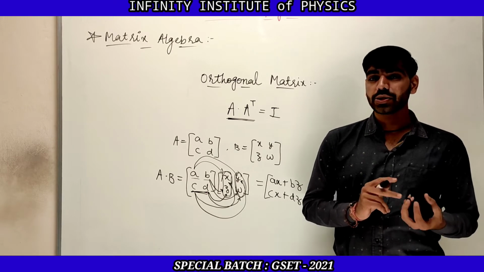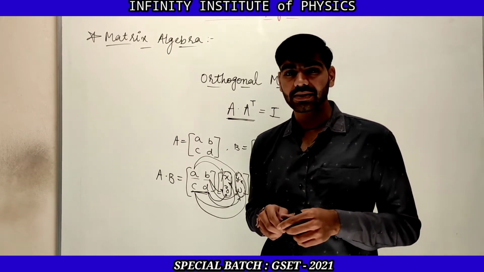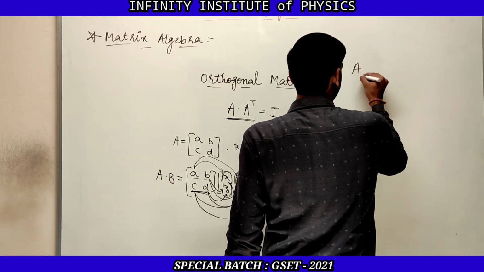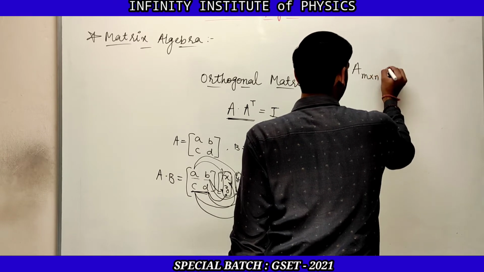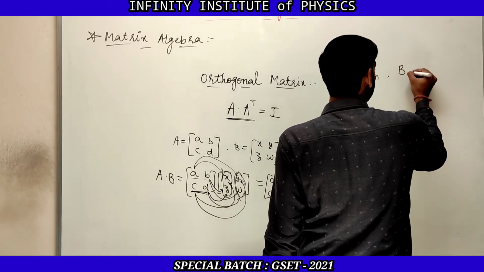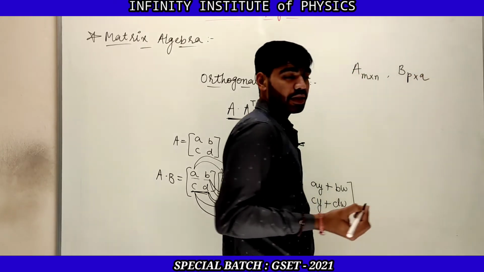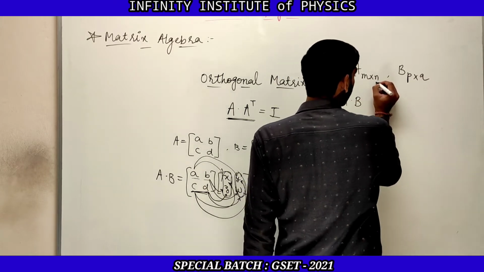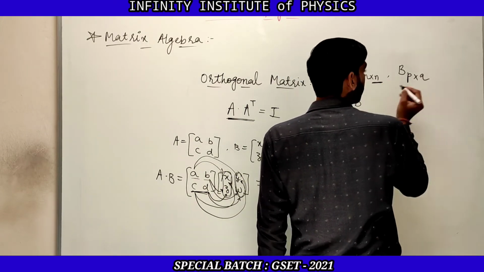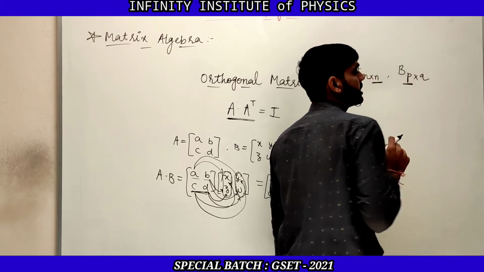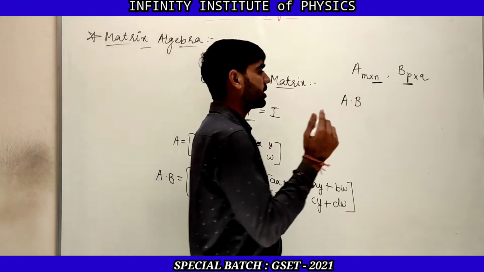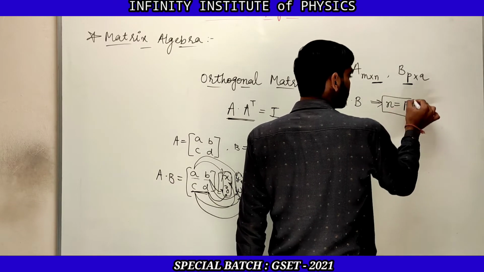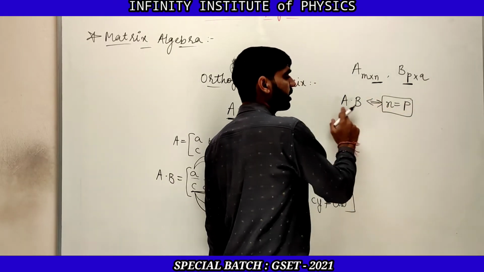It is not compulsory to take two square matrices, but the necessary and sufficient condition for matrix multiplication is this: suppose A is an M by N matrix and B is a P by Q matrix, and we want to find A into B. Then the number of columns in the first matrix and the number of rows in the second matrix should be the same, that is N is equal to P. Only if N is equal to P can you find AB.